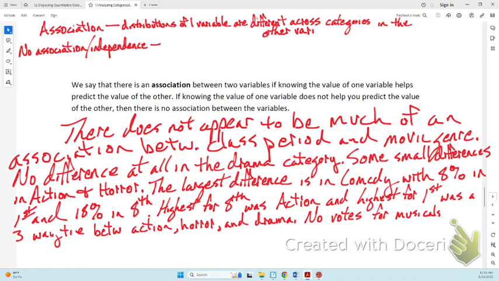I haven't written this part before. I'm just thinking of this. Let me skim it. Distributions of one variable are different across categories in the other variable. Yeah.